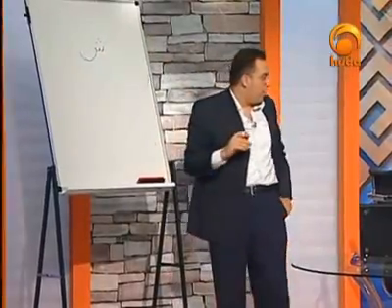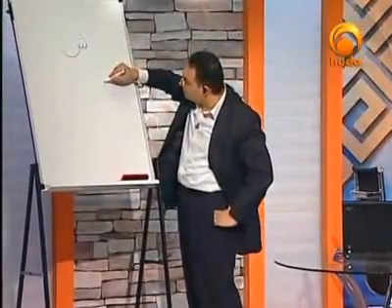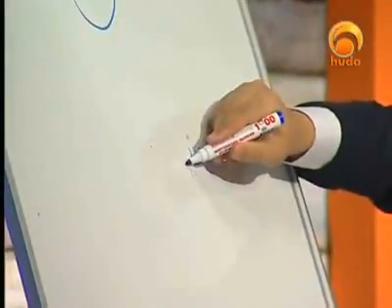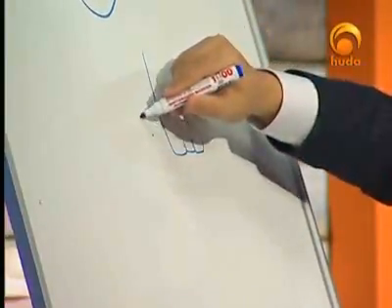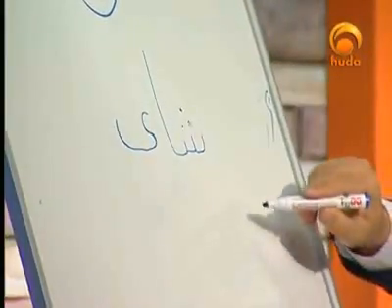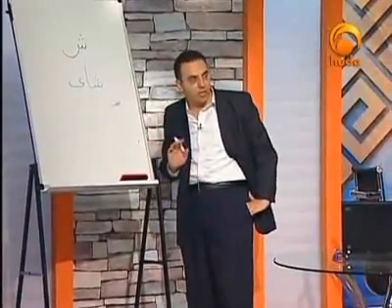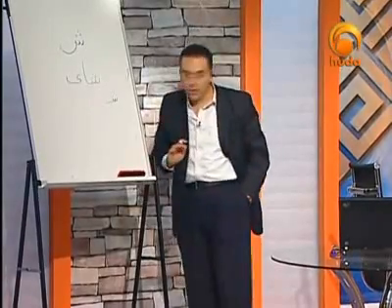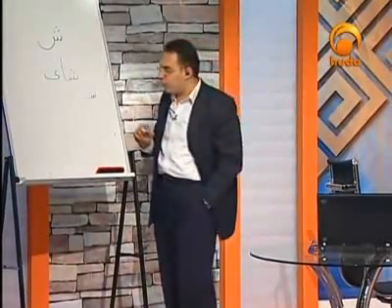Then we combine sha with the following letter. This is the form of sha when it comes in the initial position. And the form of sha when it comes in the medial position is this way.